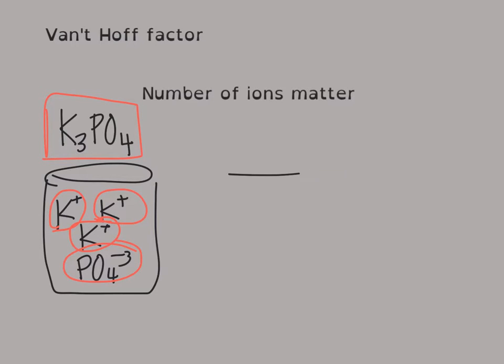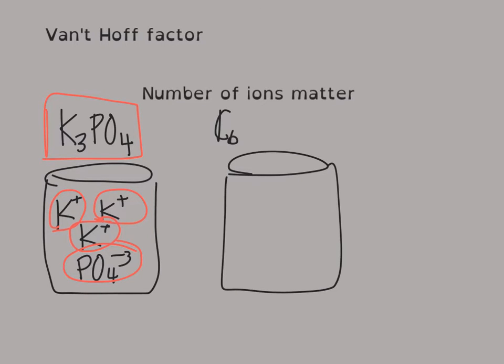If you have a beaker and you are dissolving sugar, for instance, let's go with glucose, C6H12O6. Glucose is a non-electrolyte, meaning it is not ionic, and it does not dissolve into ions. So when you put sugar or glucose into the water, you're going to have a C6H12O6 molecule floating around.